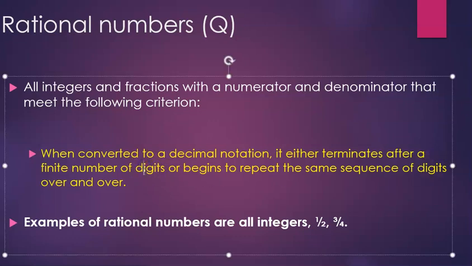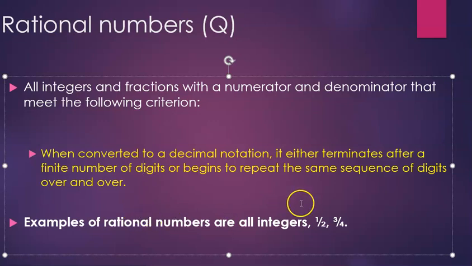So the criterion is that when the fraction is converted into a decimal notation, it either terminates after a finite number of digits, or it starts to show a repeating sequence after division.